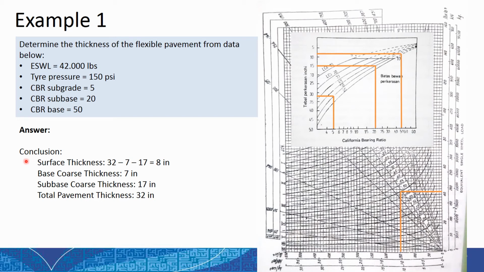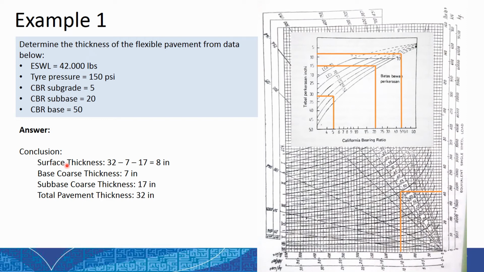And for the conclusion, the surface thickness is 32 from the total pavement thickness minus 7 for the base course thickness minus 17 for the subbase course thickness.